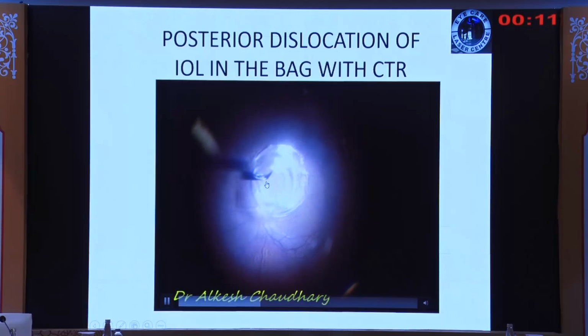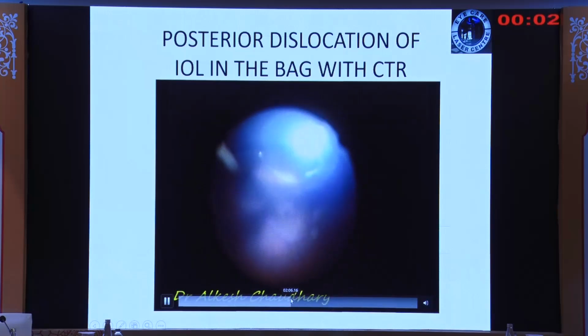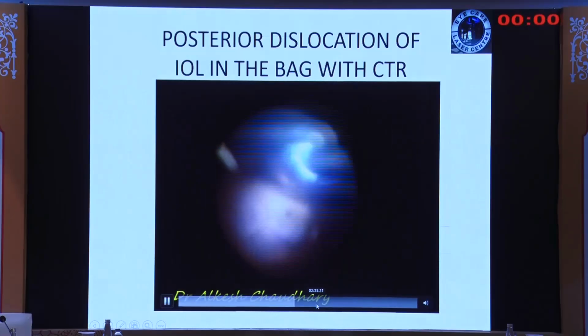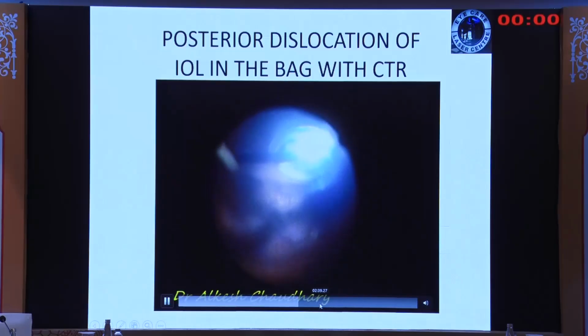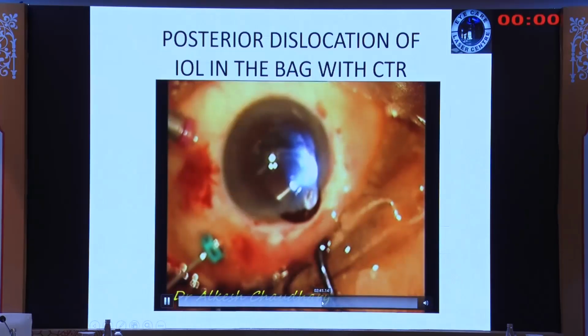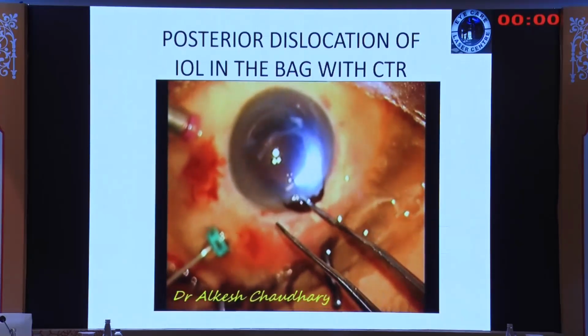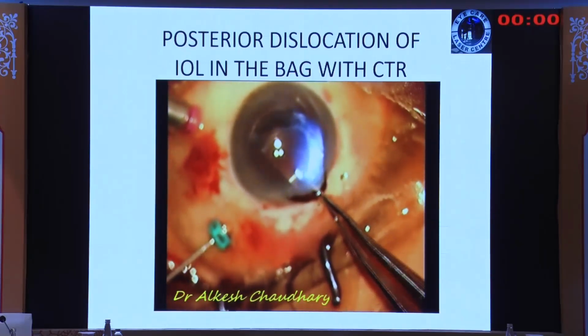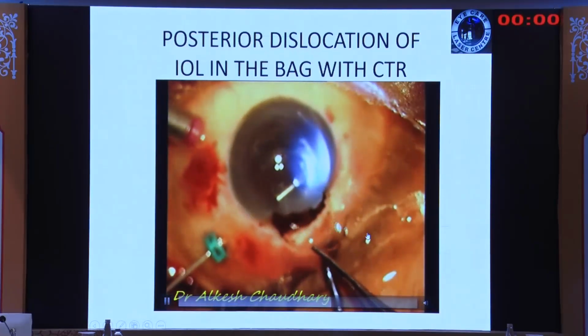I just bent a 24-gauge needle and introduced it in the cleavage between the capsule and the IOL optic. Then lifting the lens up with that slightly bent needle, bringing it into the anterior chamber, I made the opening, and because it was so slippery, I had to use corneal forceps.